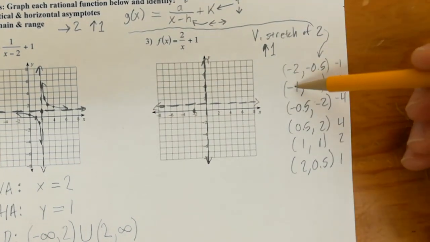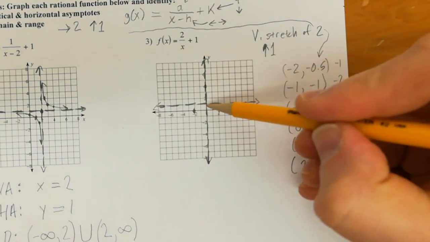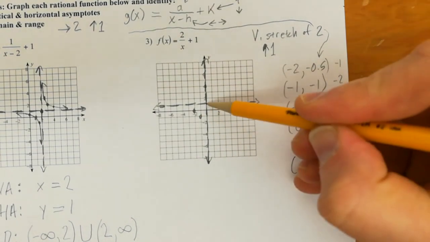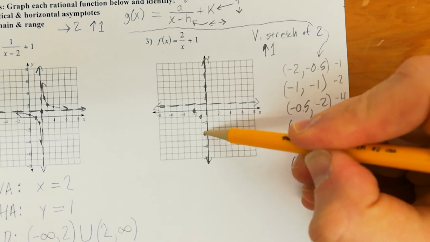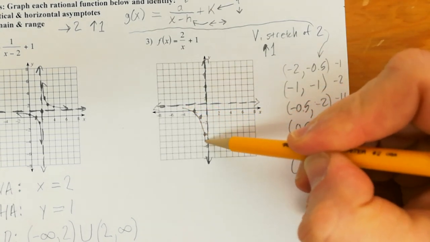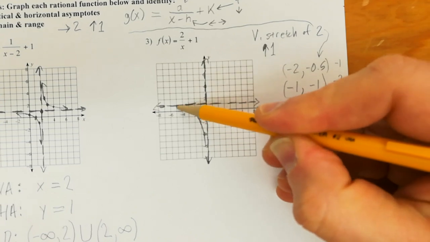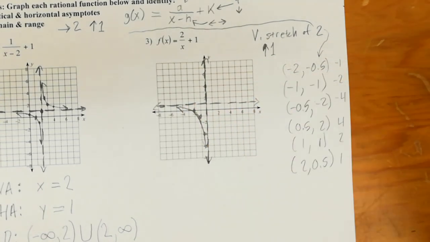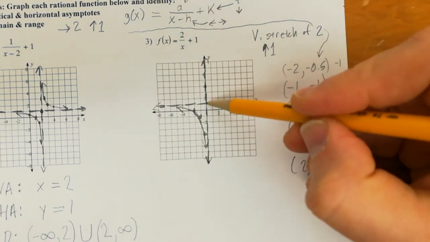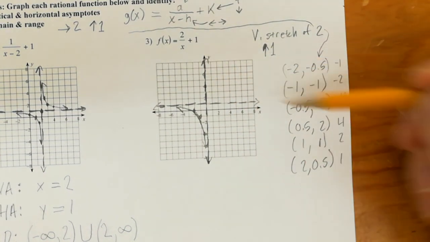All right, so left 1, down 2, and then left a half, down 4. So like that, okay? So that'll look like that.